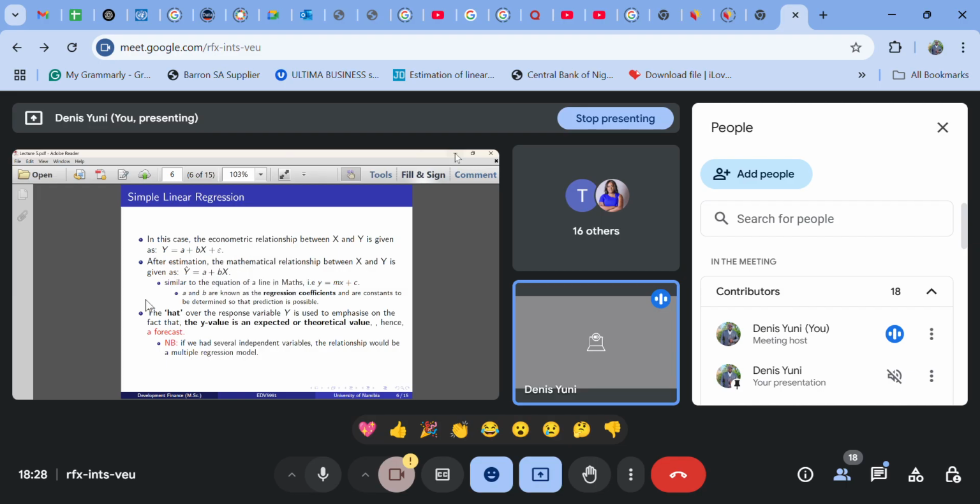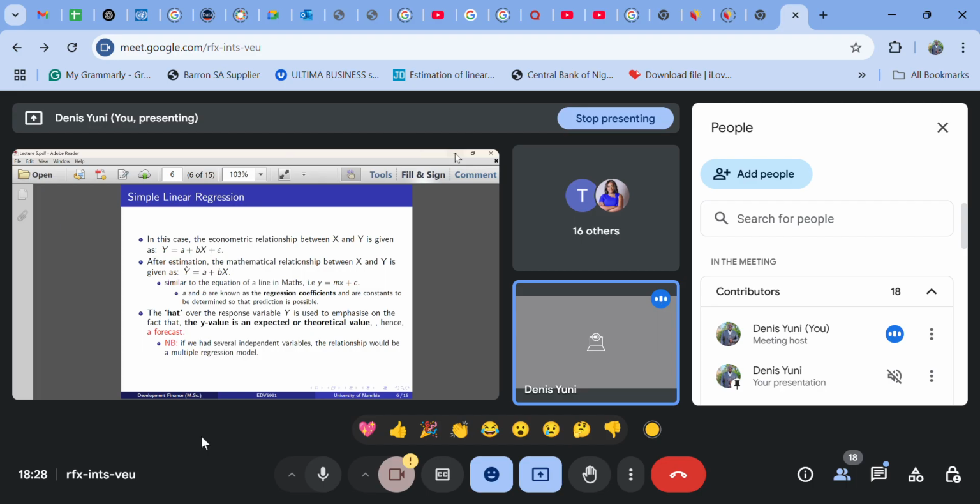So when we estimate a regression, what we have is a plus bx, which means we have been able to minimize the error term. Now, when we minimize the error term, we can safely say that a unit increase in x increases y by the value b.